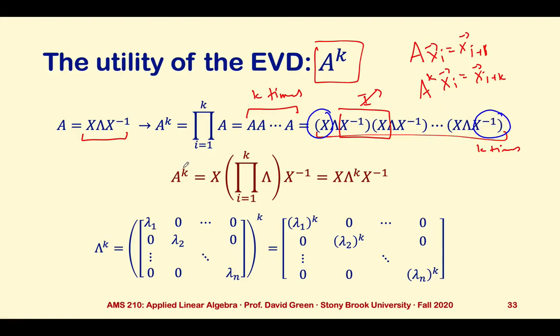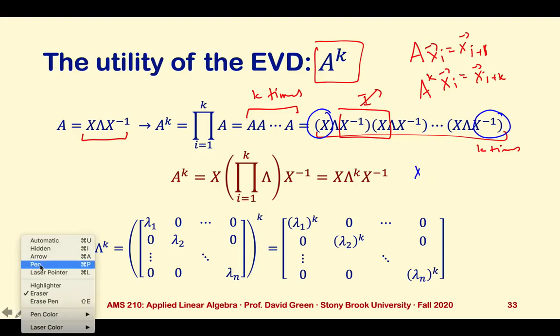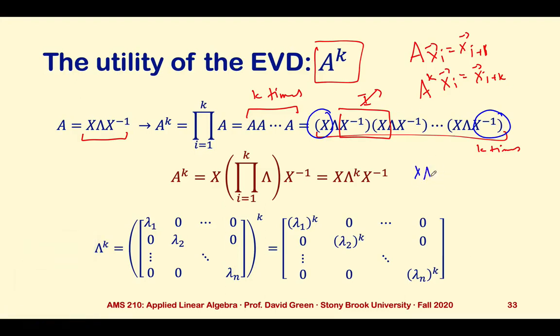So this A^k ends up being X times lambda times lambda times lambda, k times, multiplied by X inverse, which is just X lambda^k times X inverse.